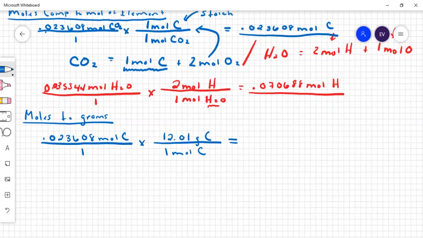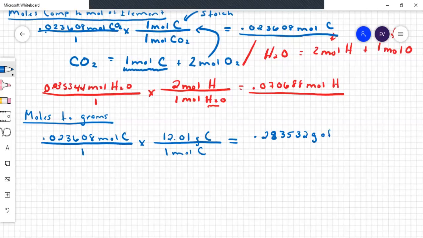So 0.02368 times 12.01 gives me 0.283532 grams of carbon.